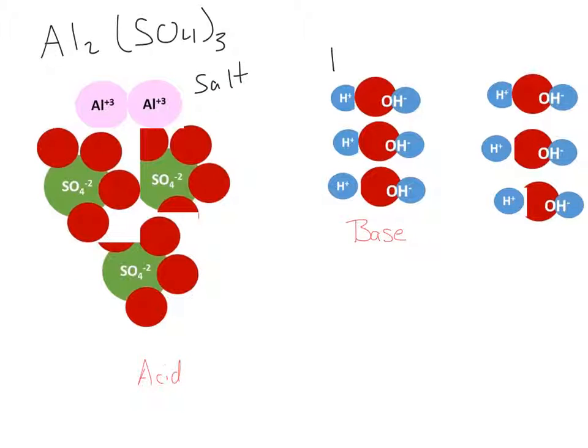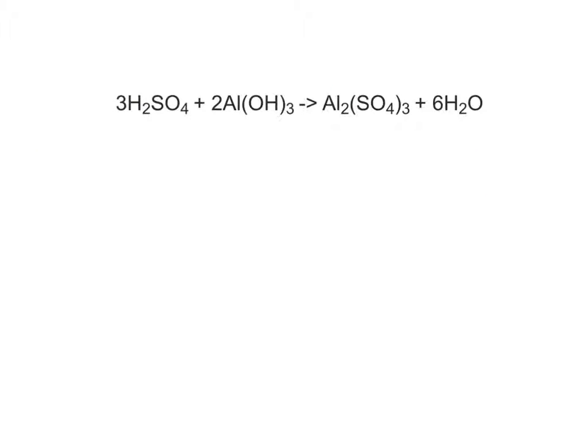And over here, we have our water. So what we have here is our balanced chemical equation. So in our balanced chemical equation, we have 3 sulfuric acids plus 2 aluminum hydroxides give you aluminum sulfate and 6 waters. Now, there's one thing that I really want to highlight for a second.